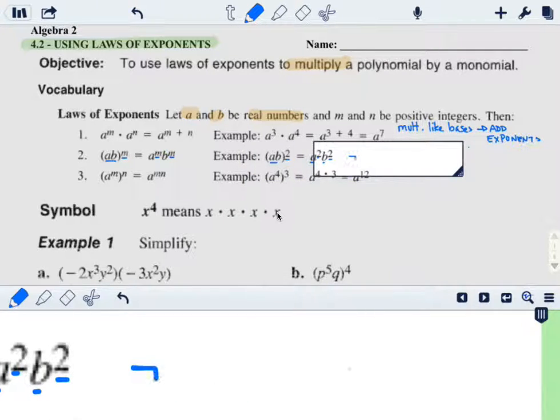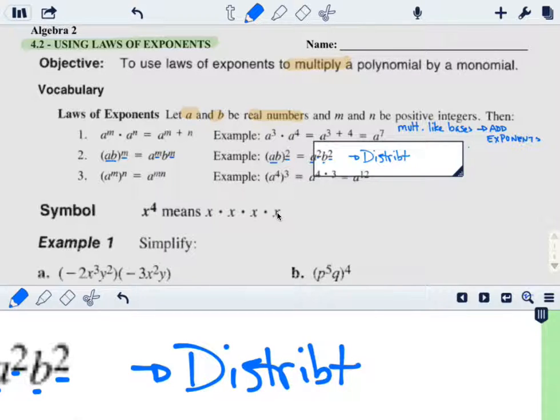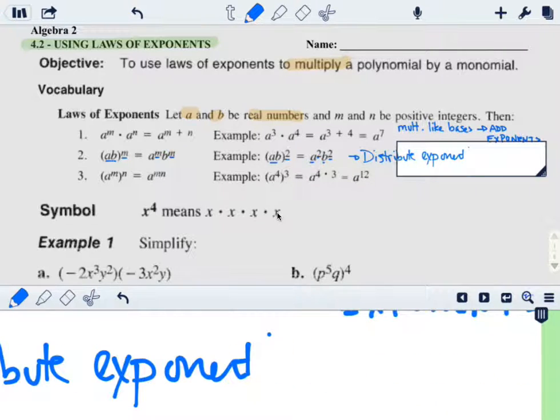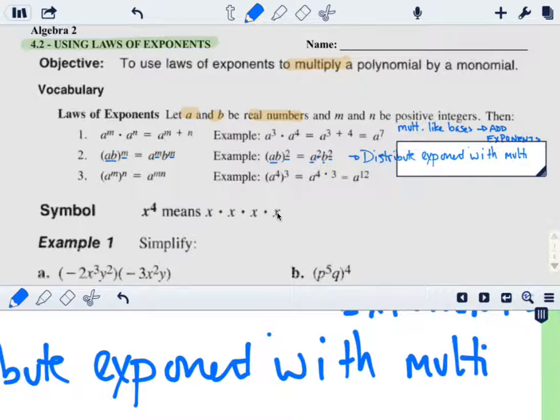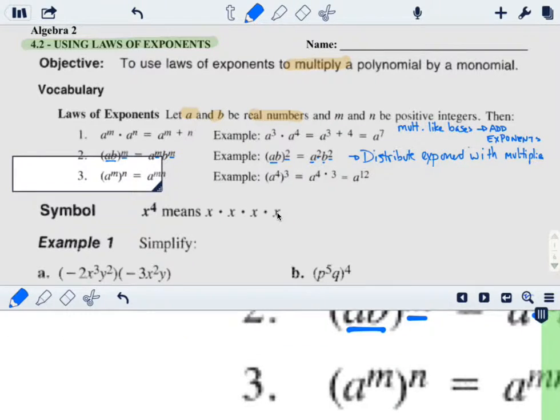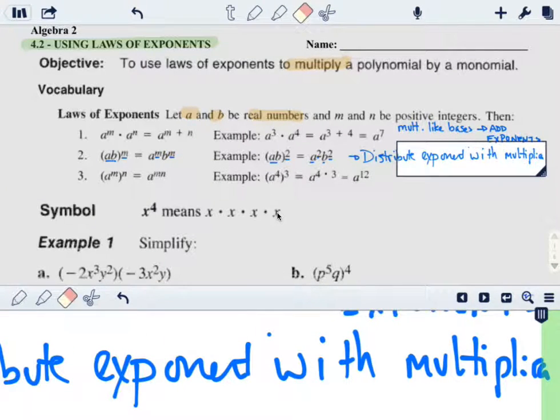So we just think distribute exponent with multiplication. I will shorten that.